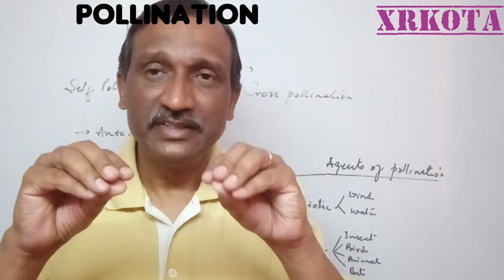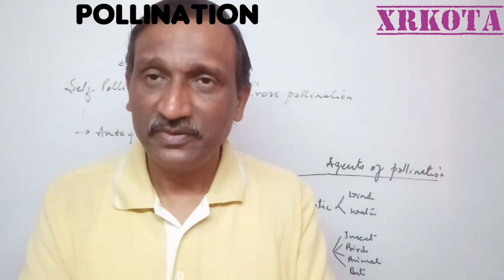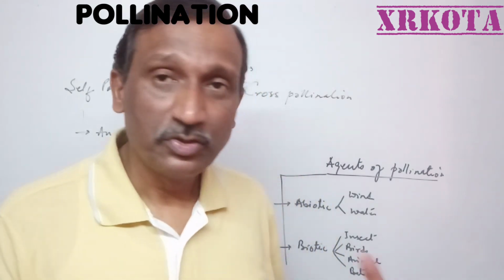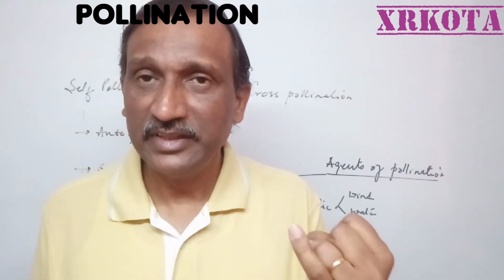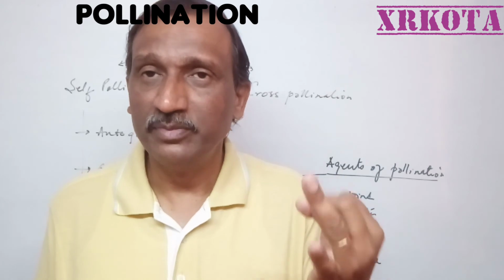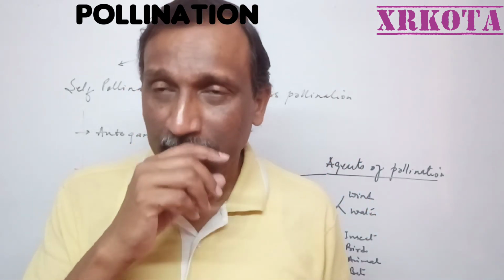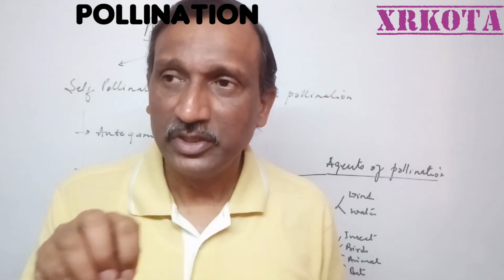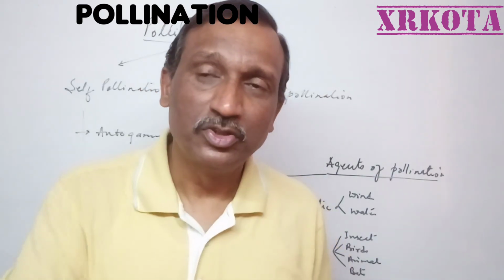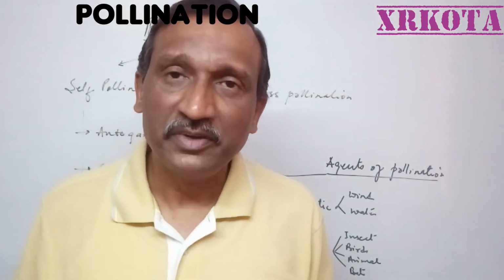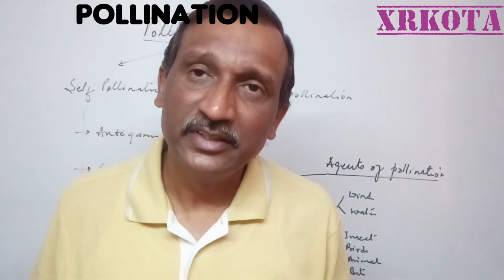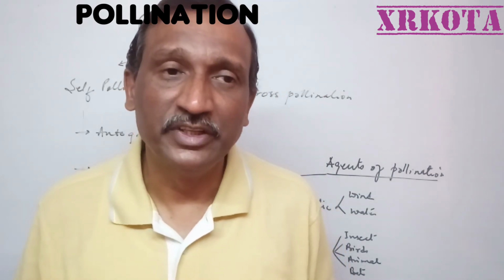So these agents reach the flower to get their rewards, maybe eating pollen grain, maybe eating insects, or collecting nectar. When they go there, invariably pollen grain sticks to their body, and when the same insect goes to some other flower, it transfers the pollen grain there. This is how they carry out pollination.